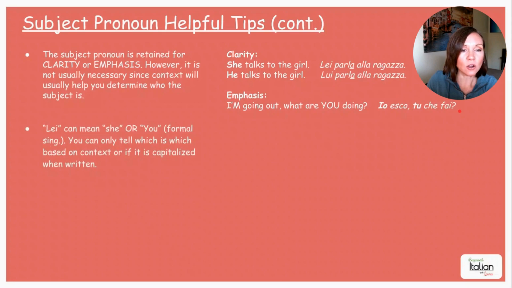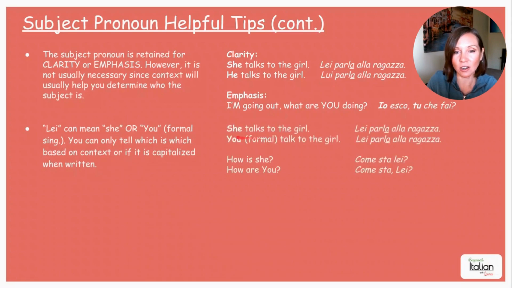Lei can mean "she" or "you" in the formal singular. You can only tell which is which based on context or if it is capitalized when written. Okay, so "she talks to the girl," lei parla alla ragazza. "You, formal, talk to the girl," Lei parla alla ragazza. Do you see any difference?